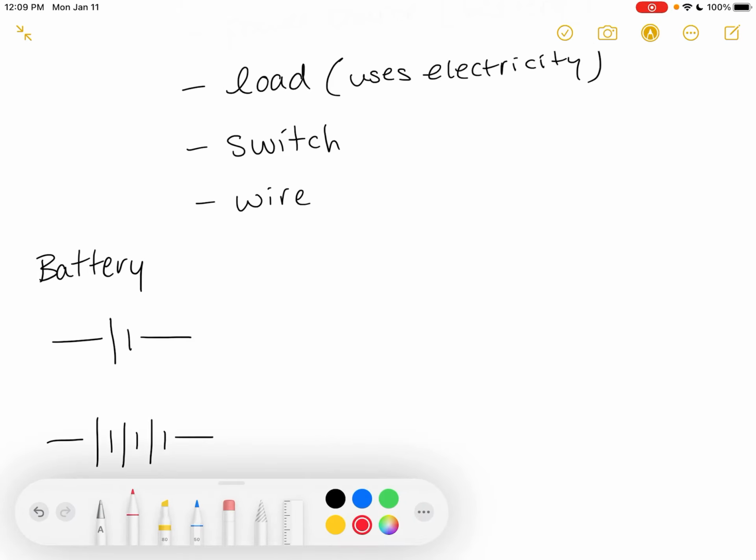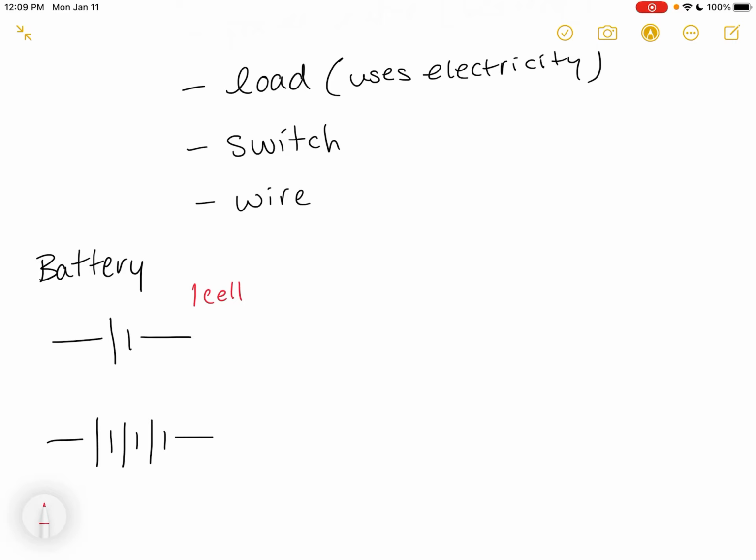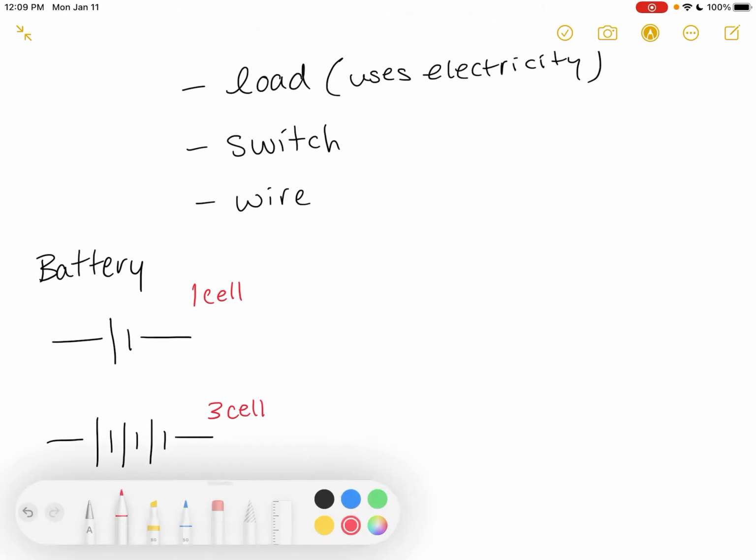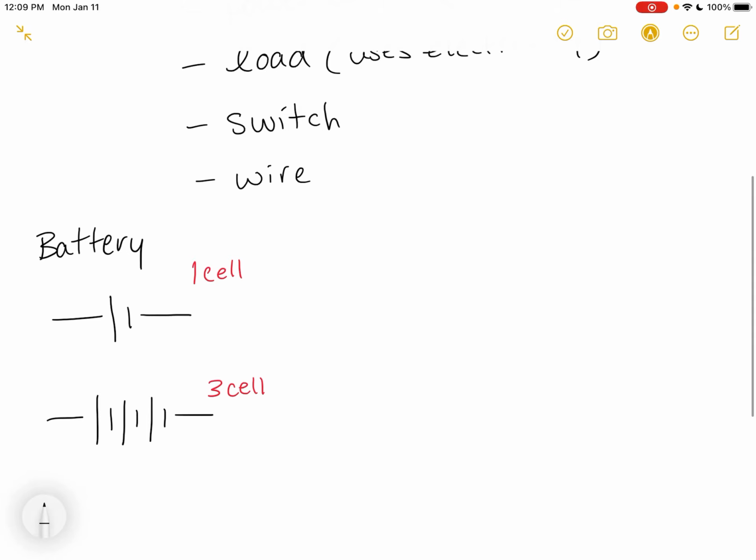So the one on the top here is a 1-cell battery, and then the one on the bottom here is going to be a 3-cell battery. And so a battery or a cell is going to consist of a long vertical line, which is going to be the positive end of the battery, and then a short vertical line, which is going to be the negative end. And we can put multiple cells together.